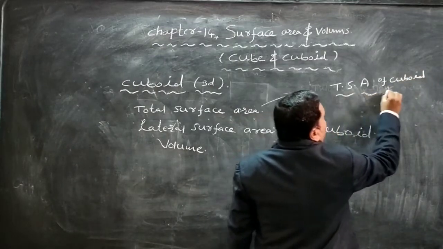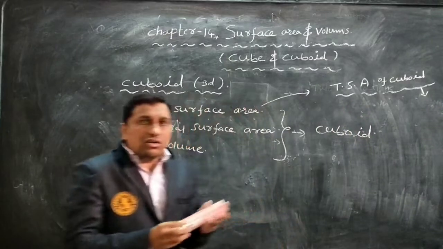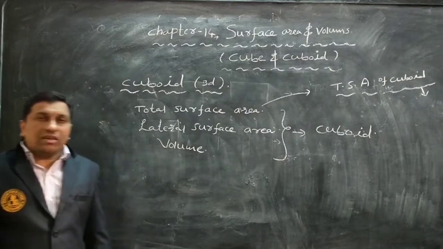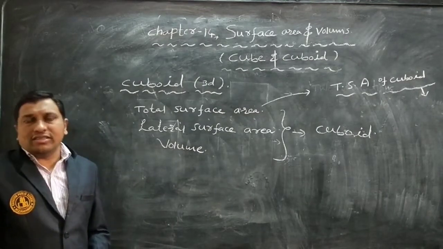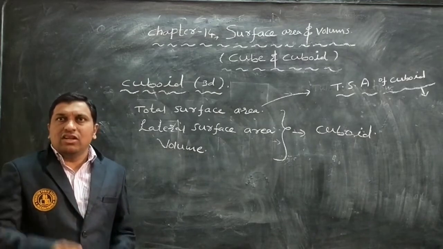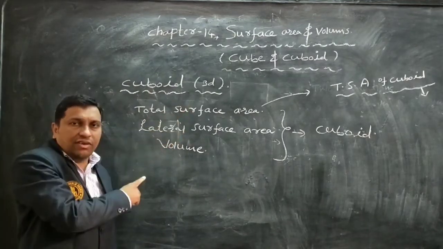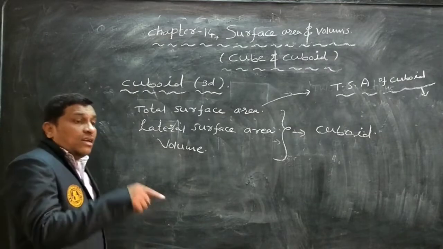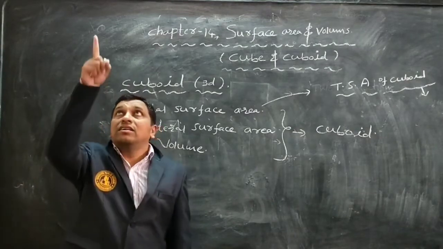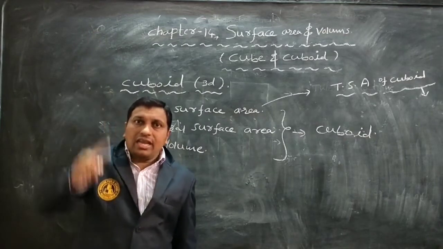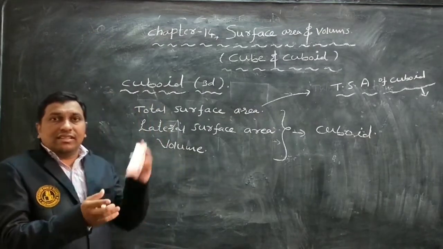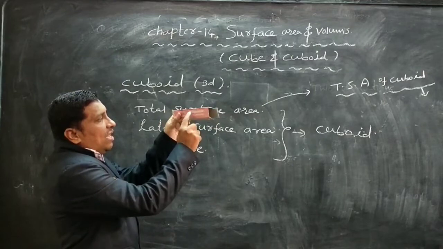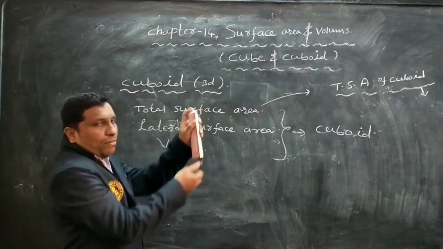In a classroom, we observe how many sides there are: 4 sides, first, second, third, and fourth, and one more thing, the floor. Again in this diagram, it consists of 1, 2, 3, 4 sides along with top and bottom.